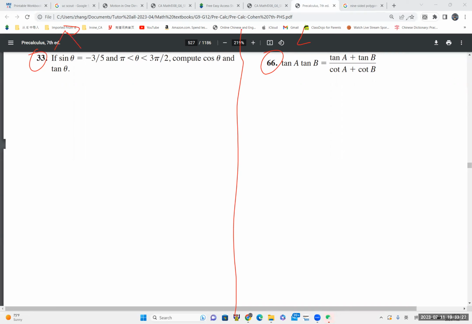Ray do this. Yeah, you need to show your process instead of just saying, oh, it's true.